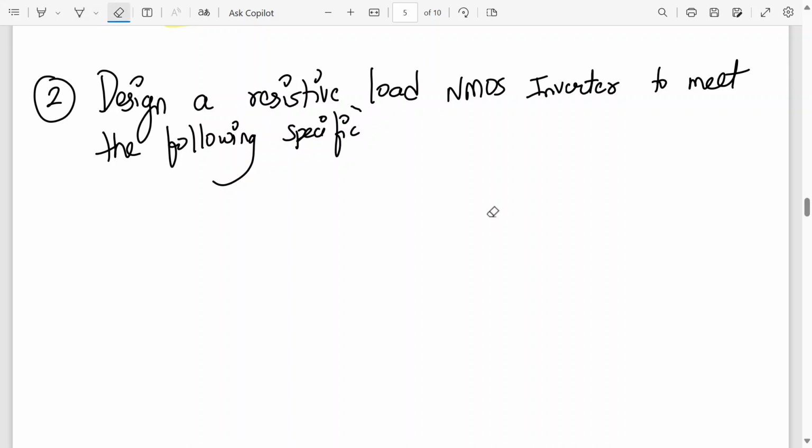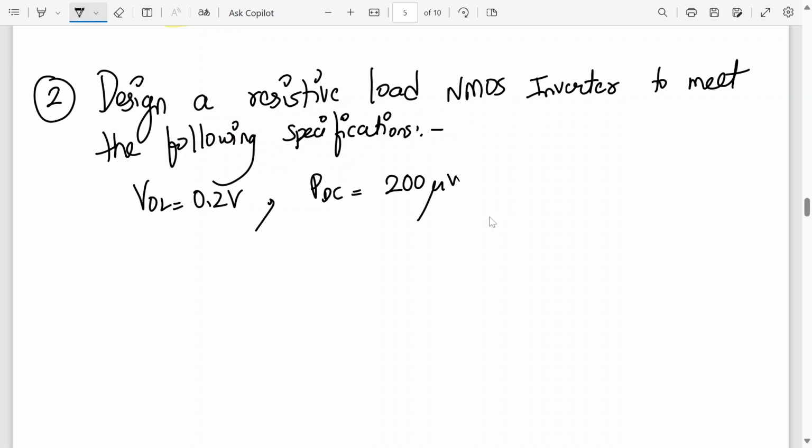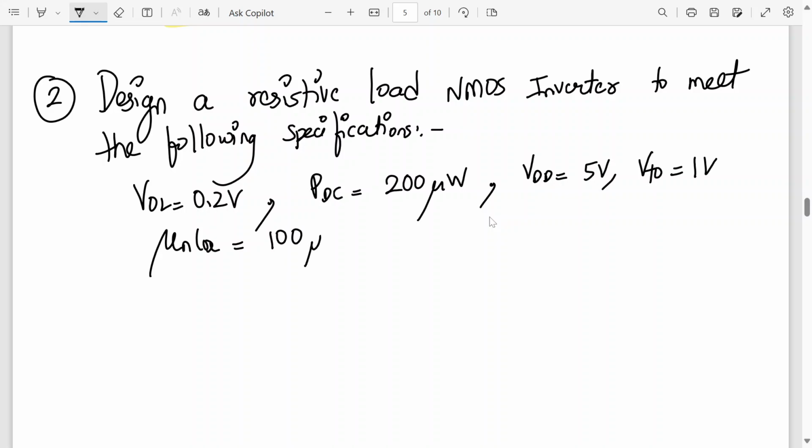For the following specifications: VOL is given as 0.2 volt, PDC is given as 200 microwatt, VDD is given as 5 volt, VTO is 1 volt, and mu n Cox value is given as 100 microampere per volt square.